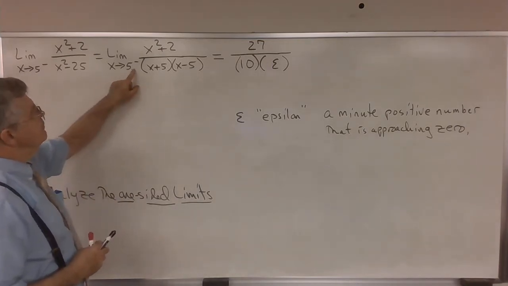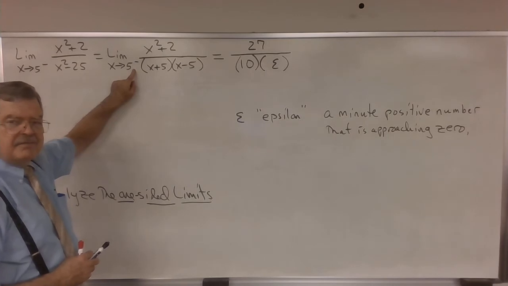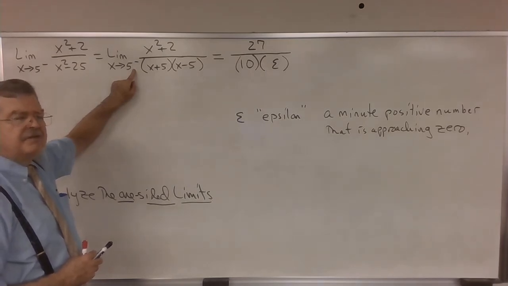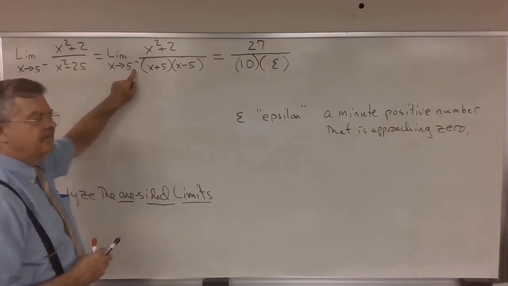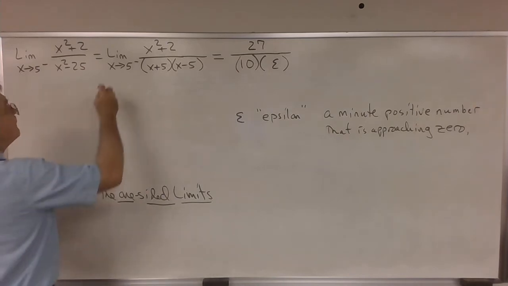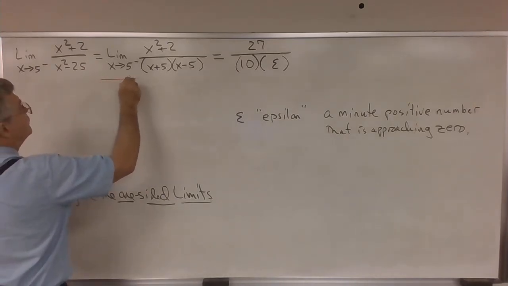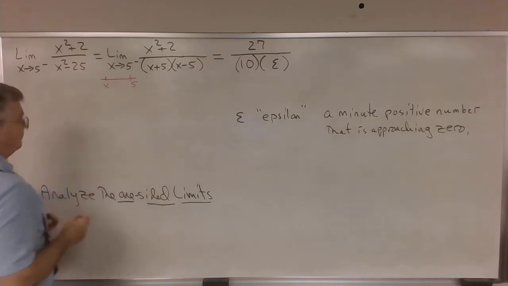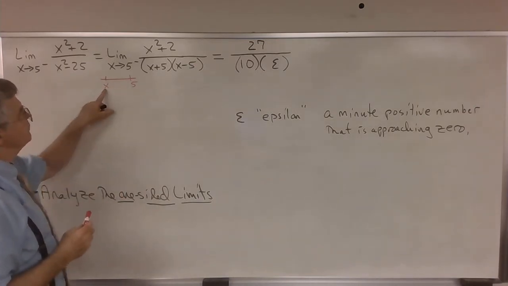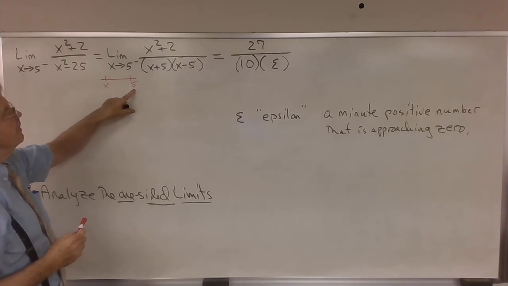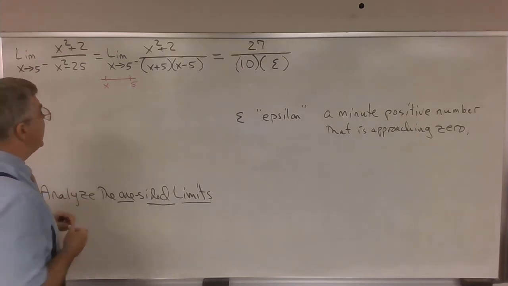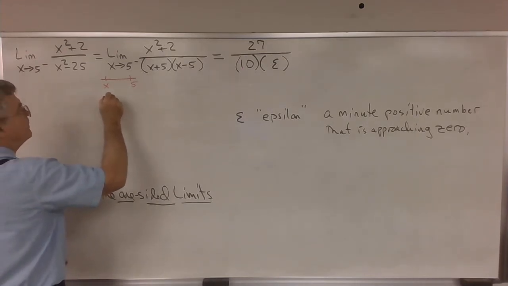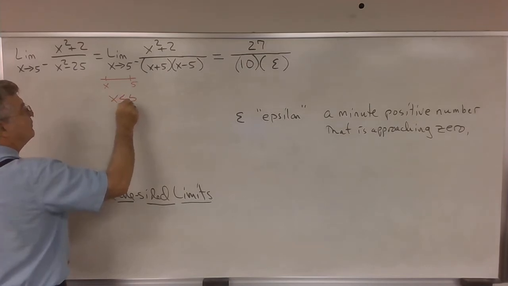If x approaches 5 from the left, then x is to the left of 5. So here's 5 on the number line, and here's x. So x is to the left of 5 on the number line, so x must be less than 5.